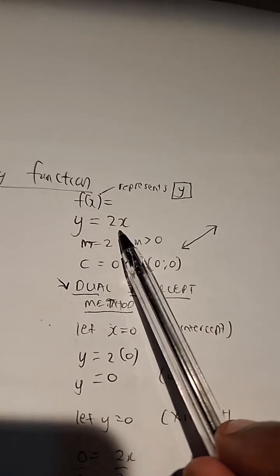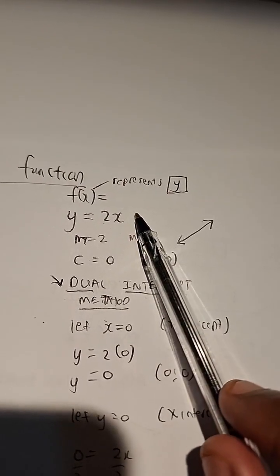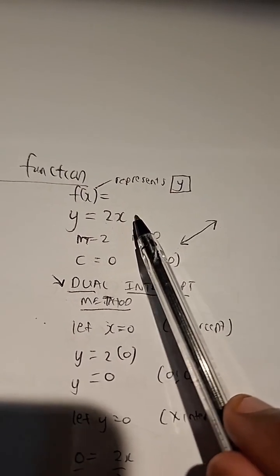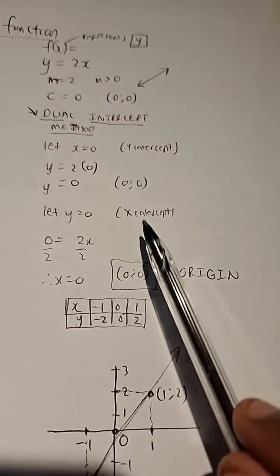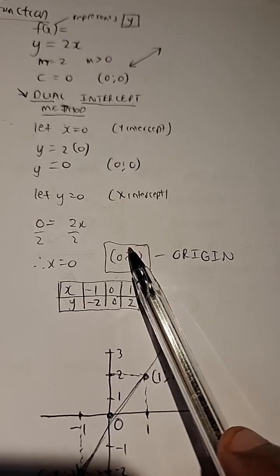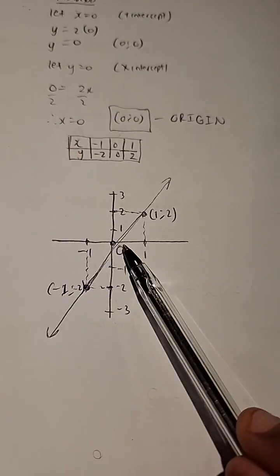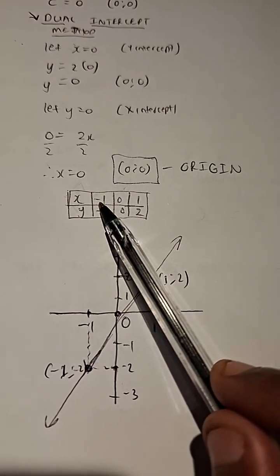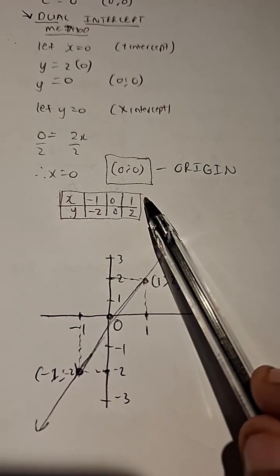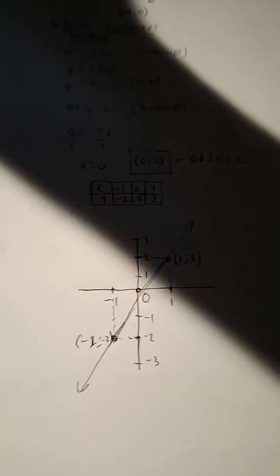So this is how we sketch a function when the constant is 0. When we use the dual intercept method, we simply get the origin, and the origin alone will not be enough to sketch the function. So that means we need to locate one x value that's negative and one x value that's positive, and find the corresponding y values.